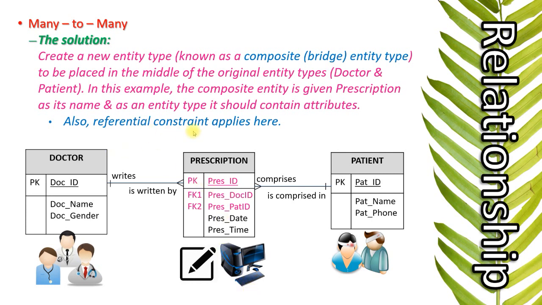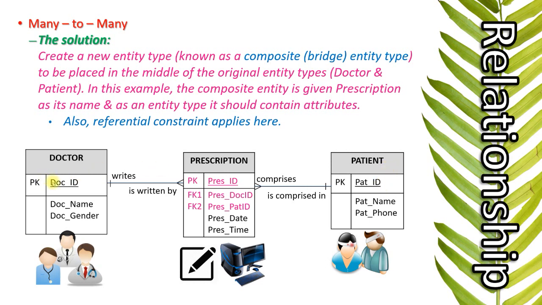Again, the referential constraint applies here. The primary key of the parent table, parent entity type. Here we have doctor. The primary key is doctor ID. Then we have the patient entity type. The primary key is patient ID.